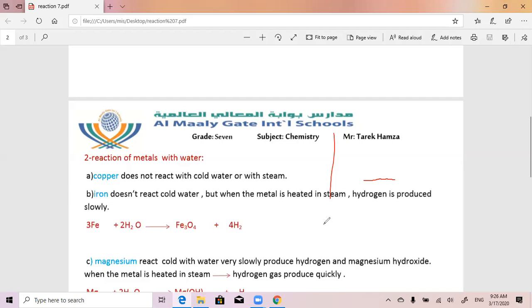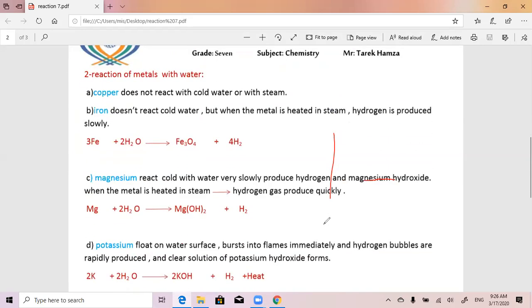Again, reaction of metal with water. The first one, copper, doesn't react with cold water or with steam. Iron doesn't react with cold water but reacts with steam. Magnesium reacts with cold water very slowly but reacts with steam very quickly.